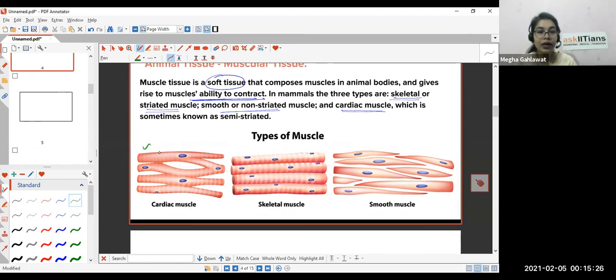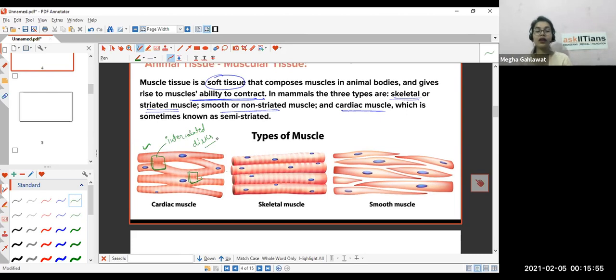The attachment points right here and right here are called the intercalated discs. These intercalated discs make sure that these muscles are attached together and communicating with each other, and working in a rhythmic, synchronized, collective manner altogether, right?